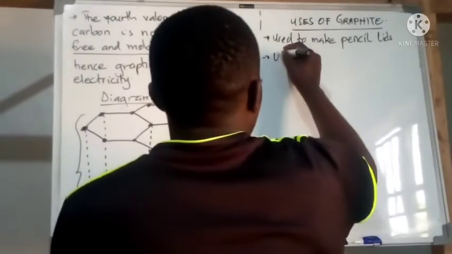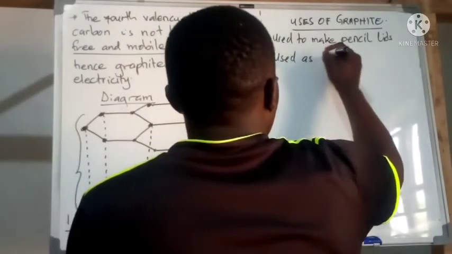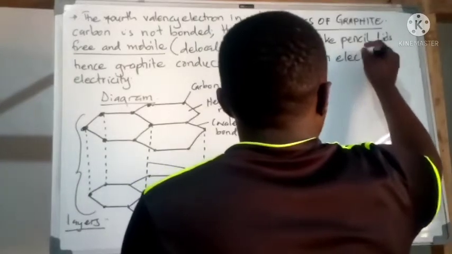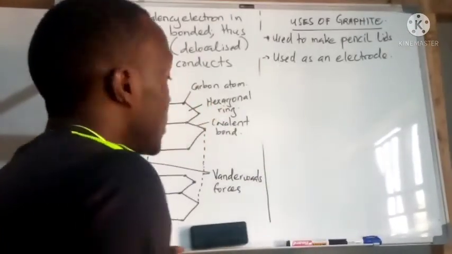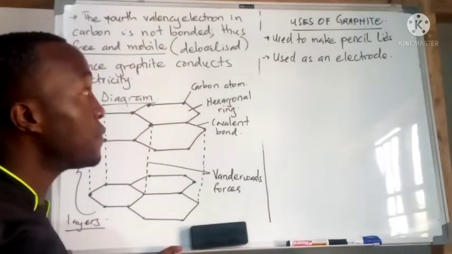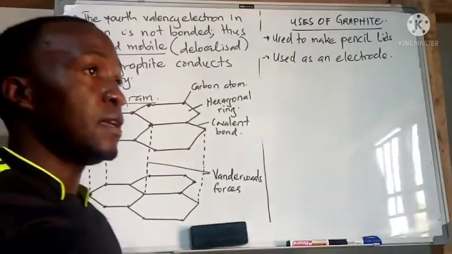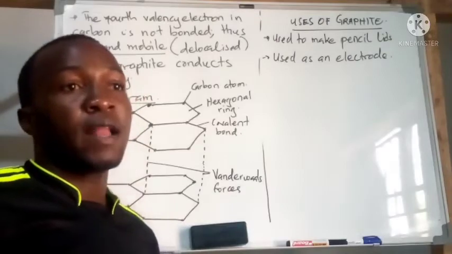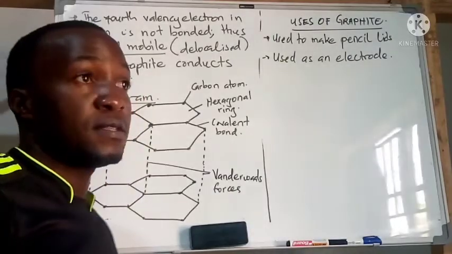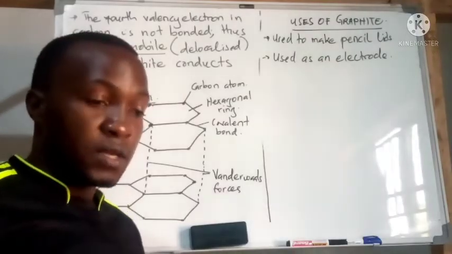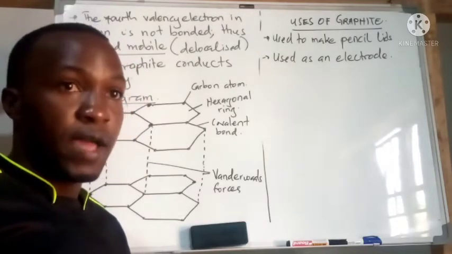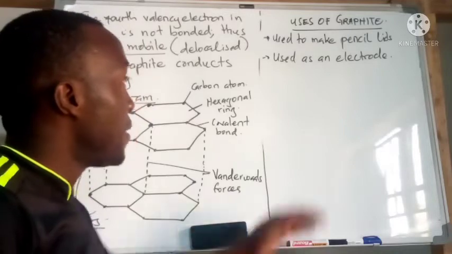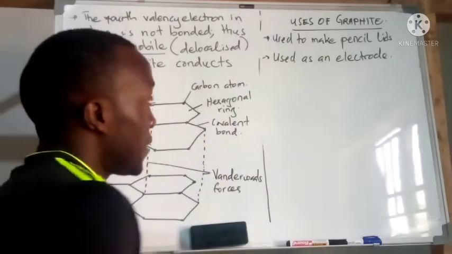Two, used as an electrode in electrolysis, which is also a topic that we are going to handle here. I imagine all my learners out there have seen a battery. Those electrodes, those terminals on a battery where you connect the wires, should be made out of graphite.